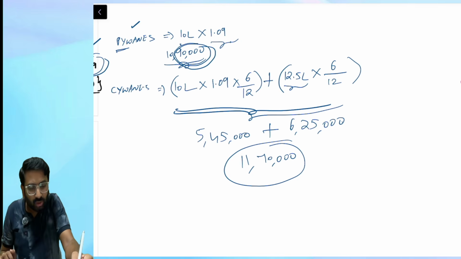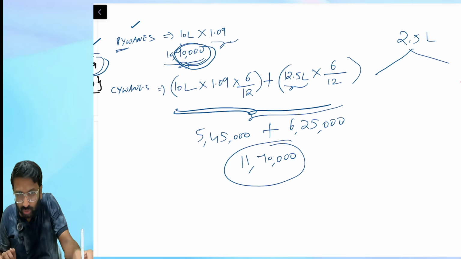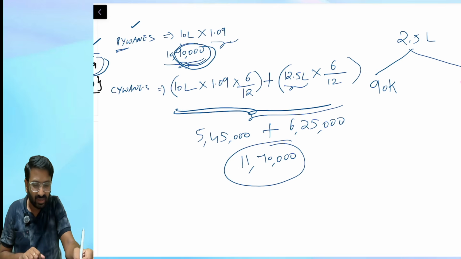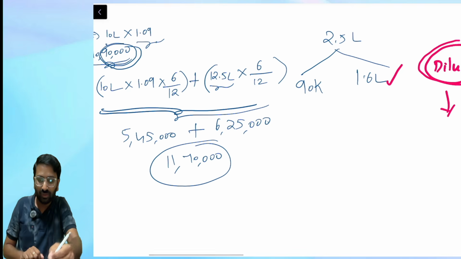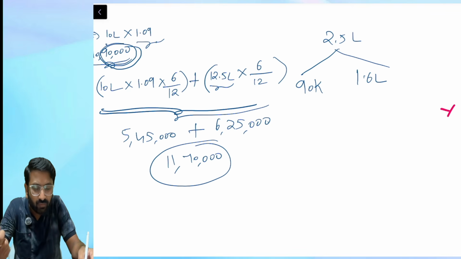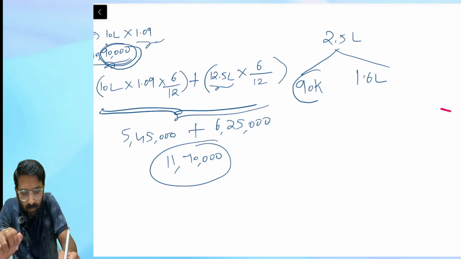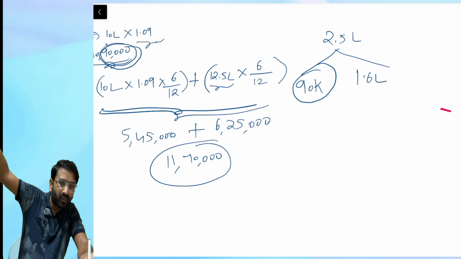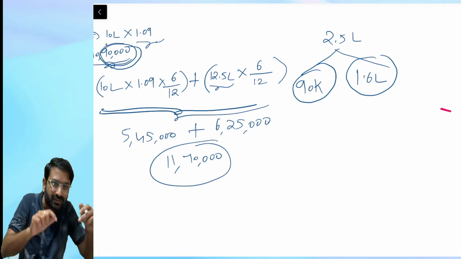Now, what is the total right issue? 2.5 lakh. Out of 2.5 lakh right issue, 90,000 shares are treated like bonus. The remaining 1.6 lakh shares are treated like fresh issue. Try to understand the logic. So these 90,000 bonus shares are assumed to be there from the first day of last year, but these 1.6 lakh shares are like a fresh issue that is there only for 6 months.